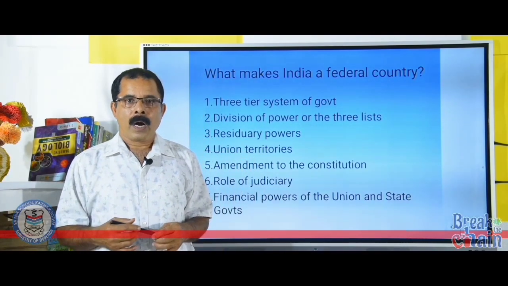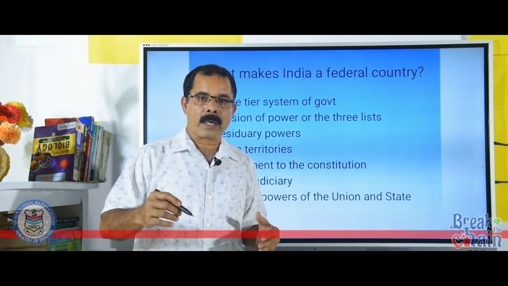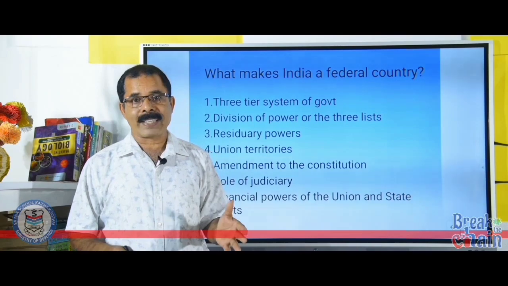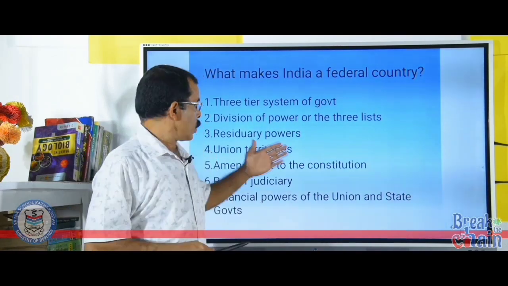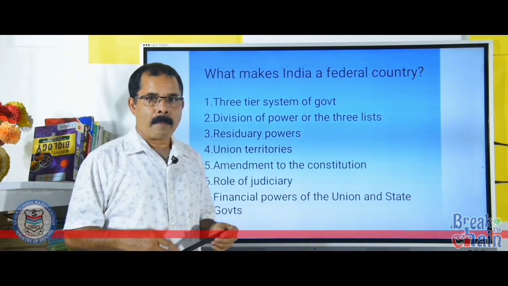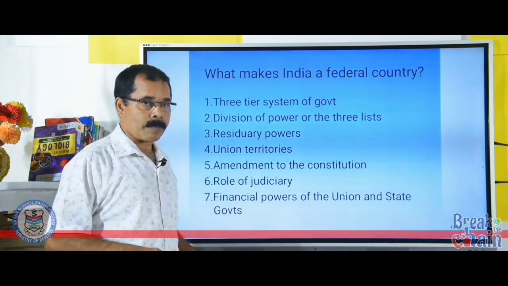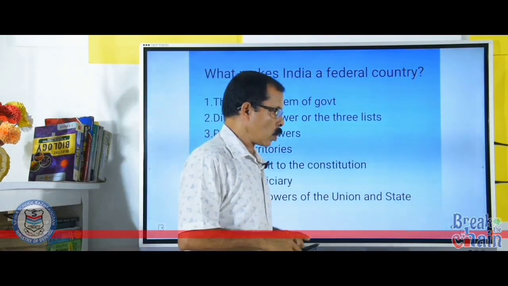That's why our constitution very clearly mentions the financial powers of the central government, and the powers of the state and the local self-governments. So these 7 points make India a federal country. These 7 steps make the federal structure of our country strong.